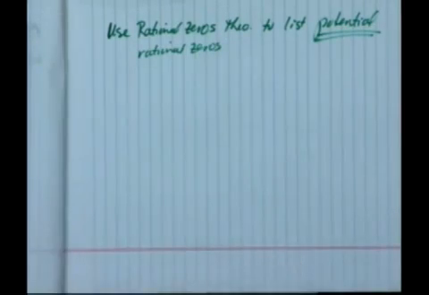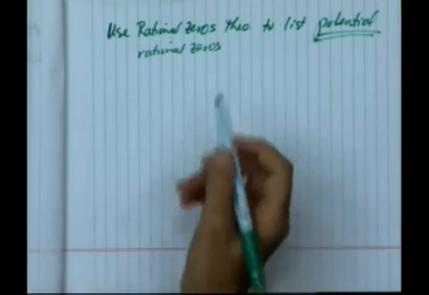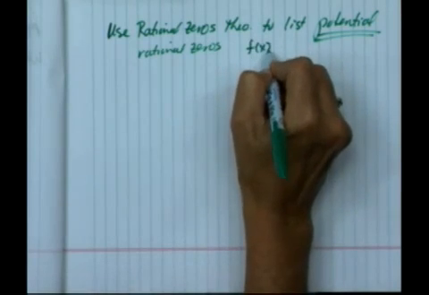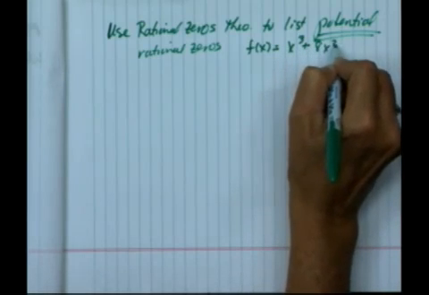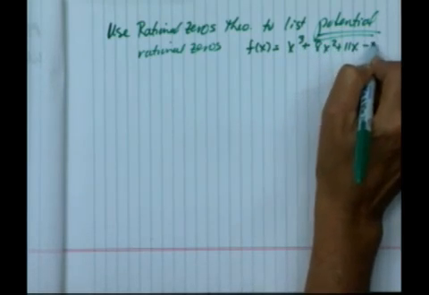All right, I better write the problem down again. f of x equals x cubed plus 8x squared plus 11x minus 20.